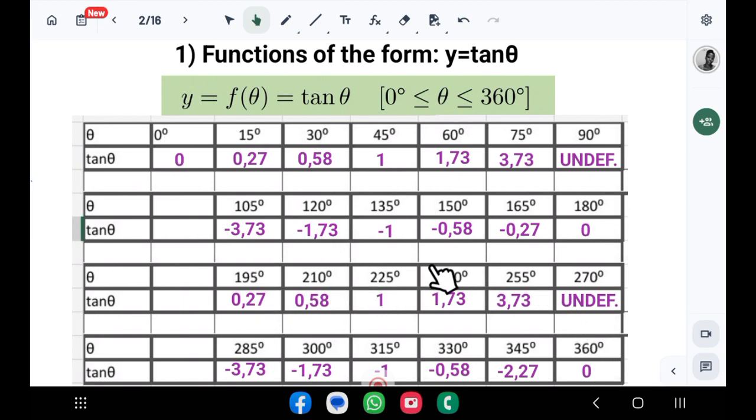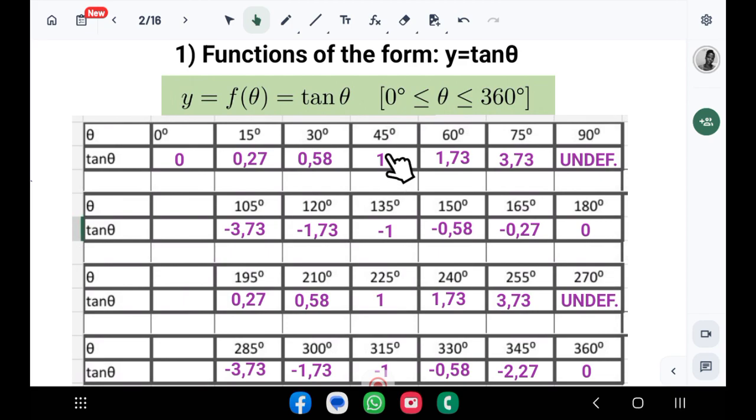And notice that now you're going back. Notice that at 15 degrees, that matches with what you have at 195 degrees. 0.27 on both of them. Same with 30 and 210, 45 and 225. Now, if you take 225 and subtract 45 degrees, you'll see something very interesting. 225 minus 45 is equal to 180 degrees.